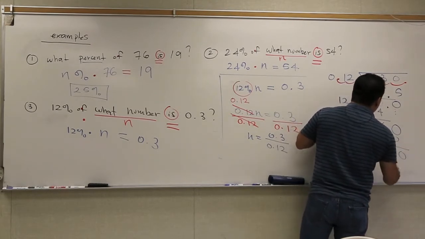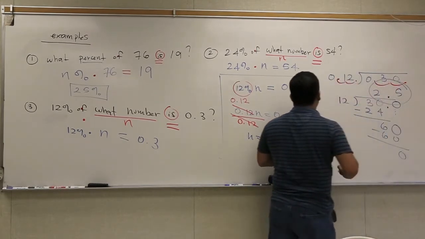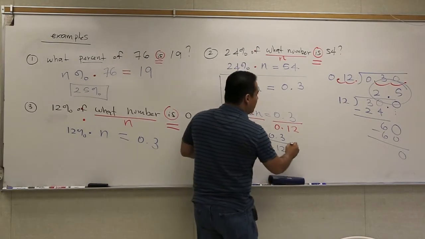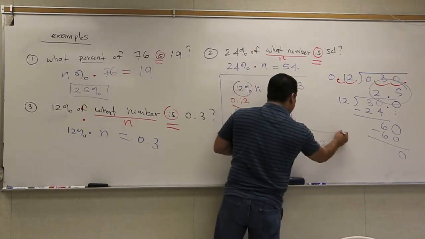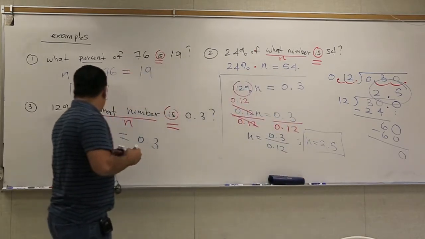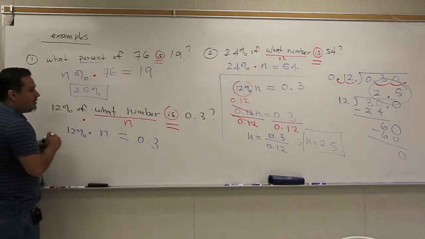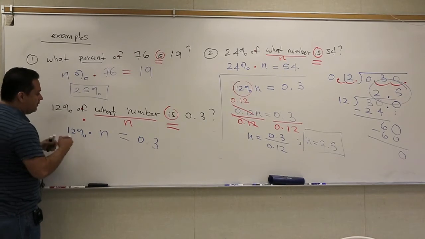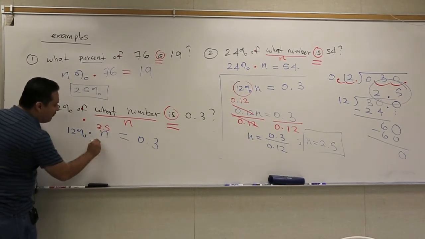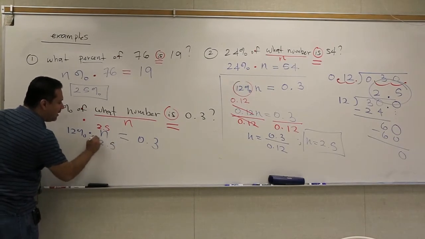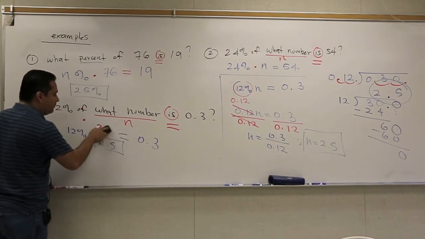Subtract. Ladies and gentlemen, you have your answer. What is n going to be? n is 2.5. So 12% of the number 2.5 is 0.3.